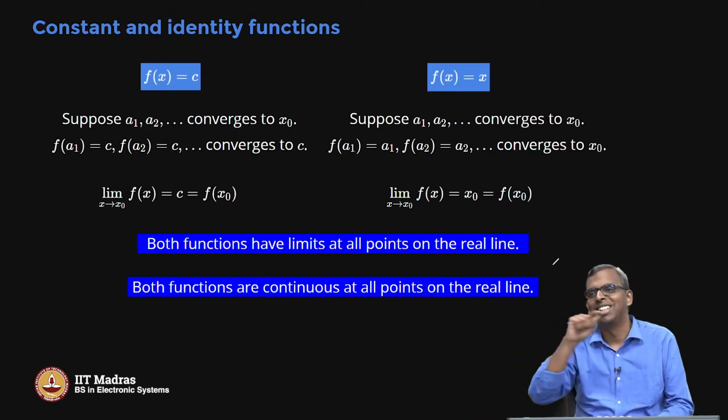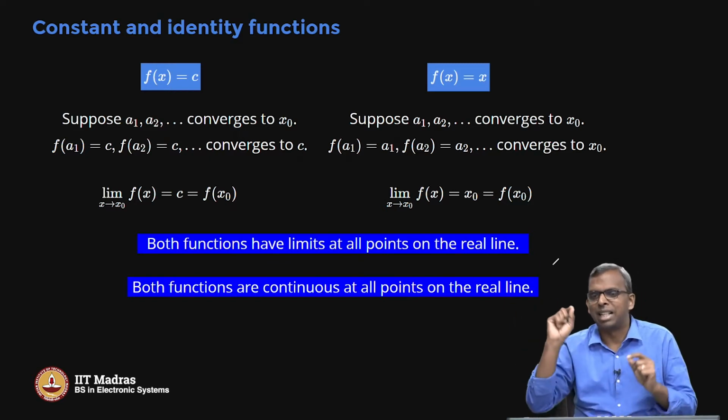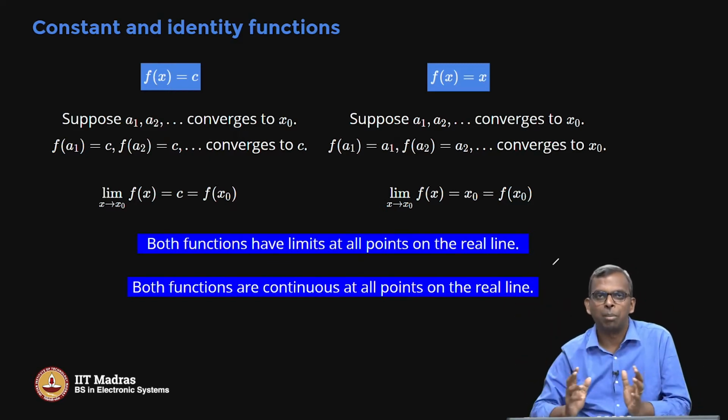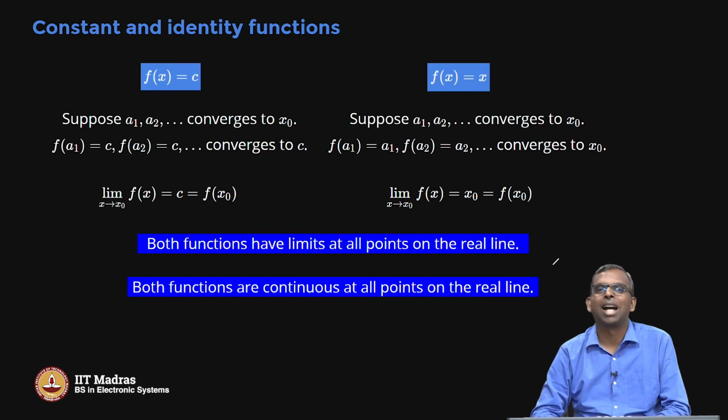These two curves clearly are just continuous straight lines, and the limit exists everywhere. There's no jump, there's nothing going off to infinity. Nothing happens in these two functions, and clearly the analytical, theoretical definition that we have for continuity and limits is giving us the exact same answer. Okay, so these are two basic things.